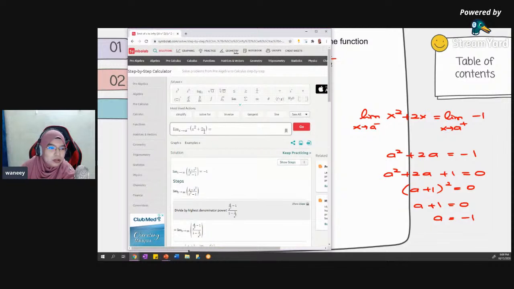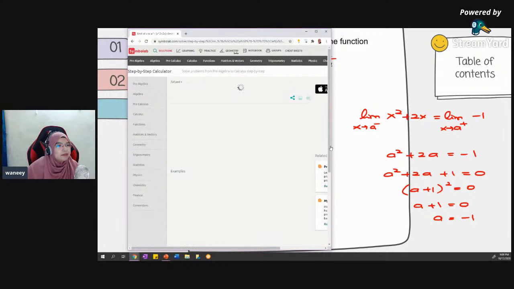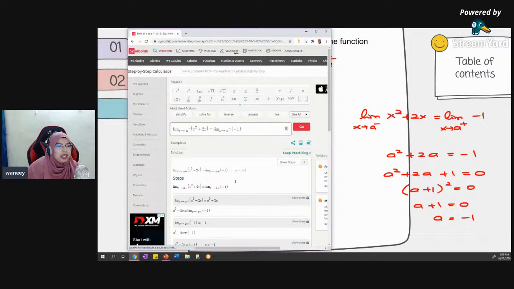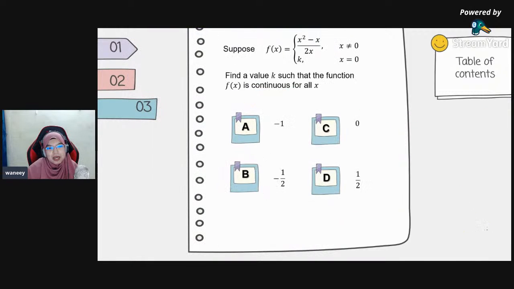So this is equal to the limit of x approaches a on the right hand side. So right hand side nilai dia adalah negative 1. Okay, so the answer is a equal to negative 1. So betul lah jawapan kita. Tepat.